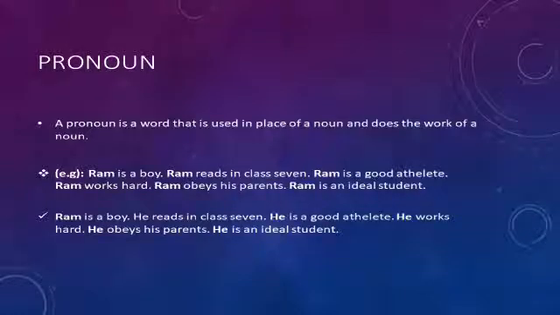So here a boy Ram has been described and a few of his qualities have also been said here. But the repeated use of the noun lets the beauty of writing fade away. Hence, we need to replace the noun by a pronoun. So here the noun is the name Ram. So when we use a pronoun in place of a noun, then it preserves the beauty of writing.